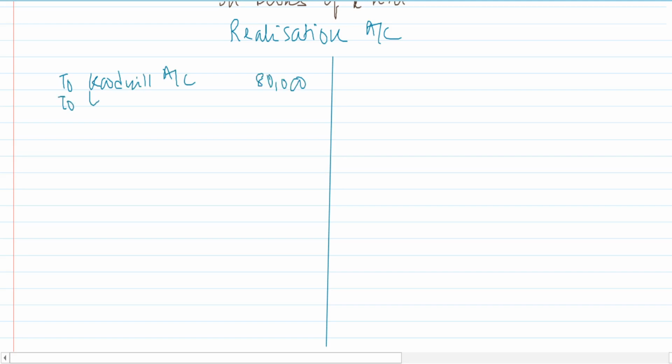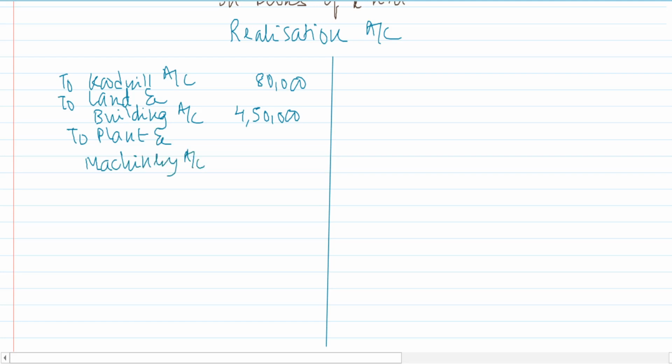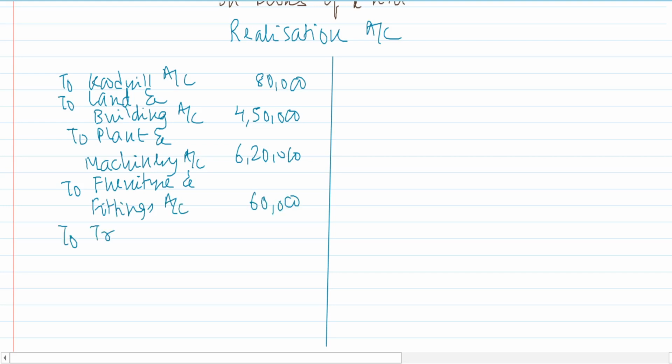80,000, to land and building account, 4,50,000, to plant and machinery account. It's a very elaborate question. To plant and machinery account, 6,20,000, to furniture and fittings account, 60,000, to trade receivables.